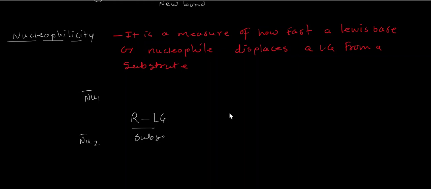Both nucleophiles attack the substrate in the same way; for convenience, this is path A and this is path B. Of these two, the nucleophile which reacts faster, displacing the leaving group very fast, has very high nucleophilicity. So nucleophile 1 has higher nucleophilicity than nucleophile 2: it reacts faster, while the other reacts slower.